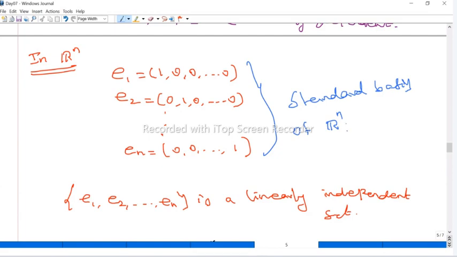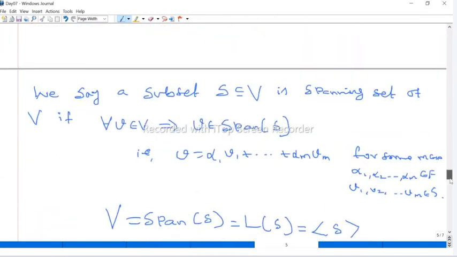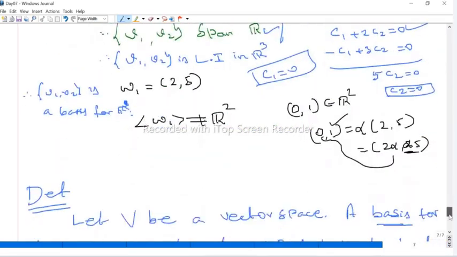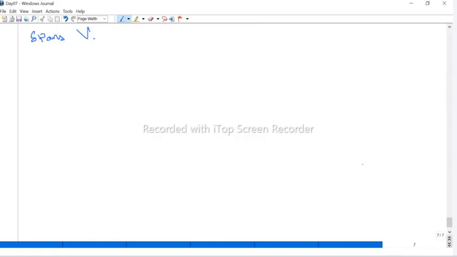Another way of saying this is that a set of vectors is a basis if and only if any vector in V can be written uniquely as a linear combination of its elements. That is a theorem.